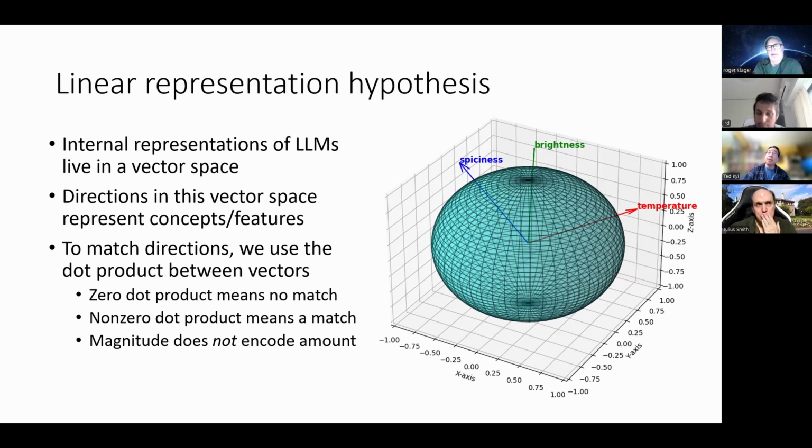I don't think that fits with the generic linear representation hypothesis, but the other thing that I'll say, it's not written on the slide. I don't think anybody believes that the linear representation hypothesis is 100% true, that it is the exclusive way in which information is represented. But it does seem to be the dominant representation form.